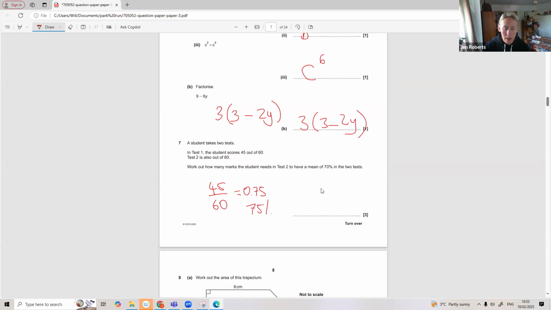Work out how many marks the student needs in test 2 to have a mean of 70% in both tests. So to get a mean of 70 in both tests, let's just have a look. That would mean that we'd need 140 out of 200%. So I've made it out of 100 because it's 70%.